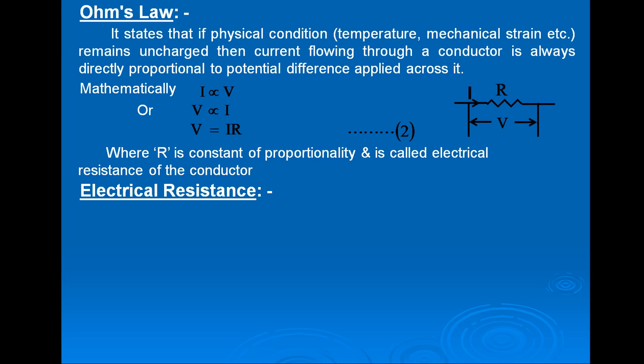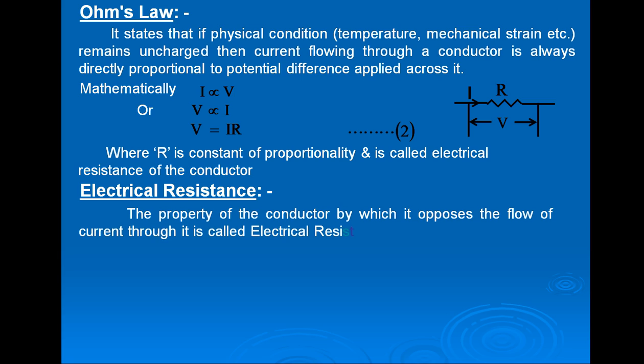Now electrical resistance. The property of a conductor by which it opposes the flow of current through it is called the electrical resistance of that conductor. According to Ohm's law, V = IR, or R = V/I.